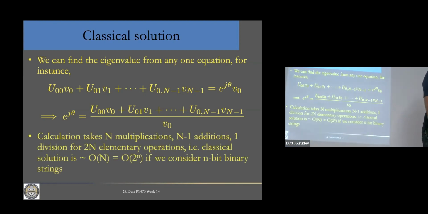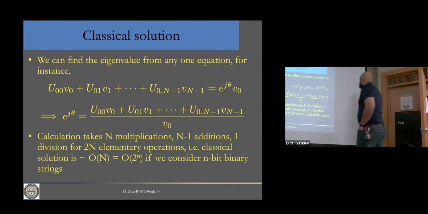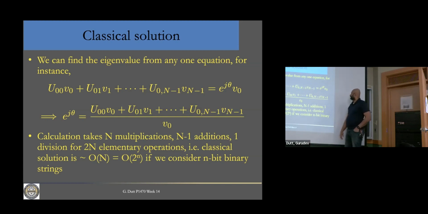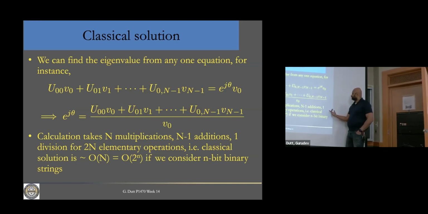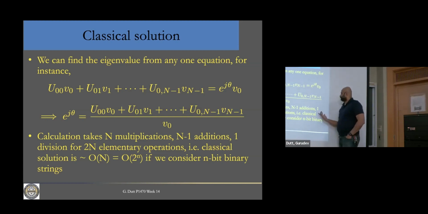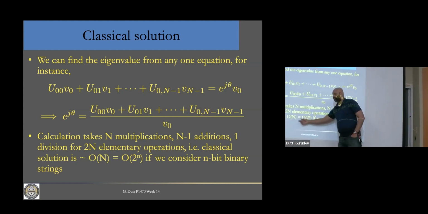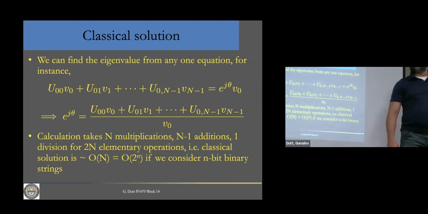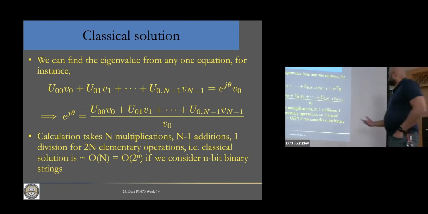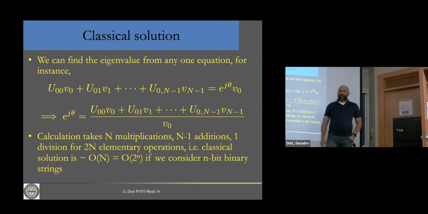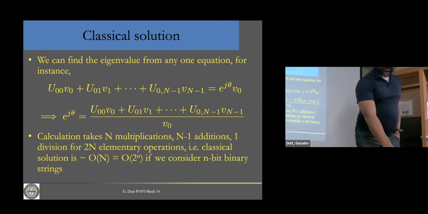So how many calculations is that? We take capital N multiplications, and capital N minus 1 additions, and then 1 division. So we have a total of about 2N elementary operations. That is, the complexity of this is order capital N, which is of course 2 to the n, where n is the number of bits that represent the number capital N. So again, it's exponentially dependent on the number of bits.